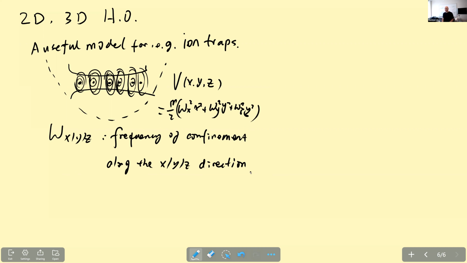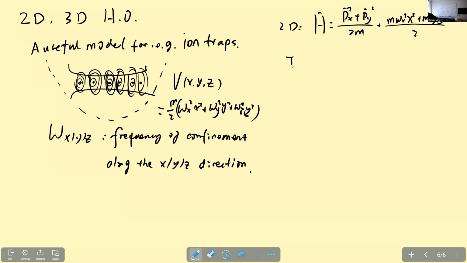This way you can generalize the Hamiltonian, say in 2D. The Hamiltonian equals (p_x squared plus p_y squared) over 2m plus 1/2 m omega_x squared x squared plus omega_y squared y squared.